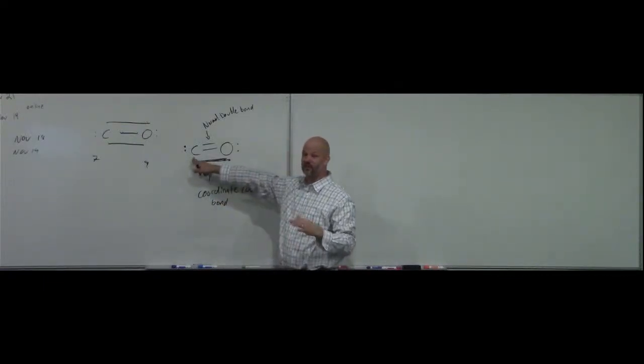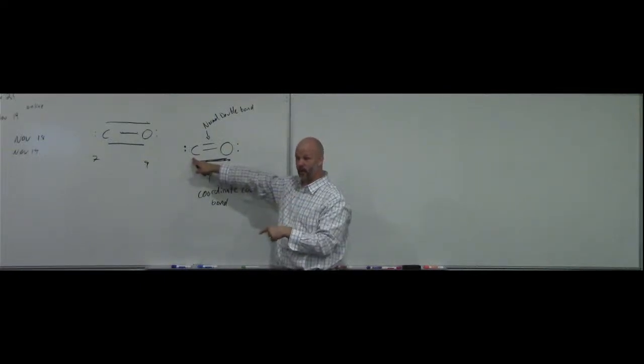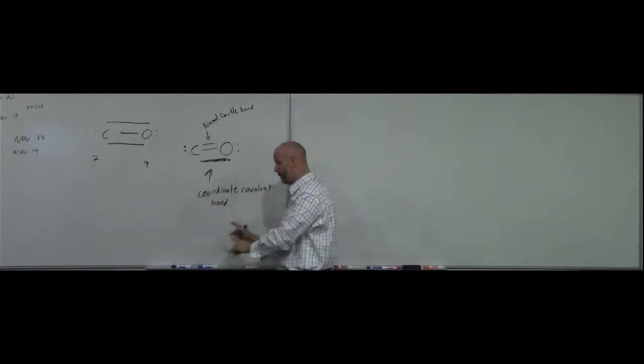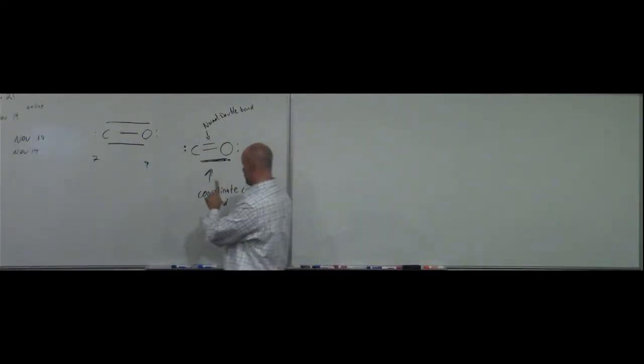Carbon is not contributing anything to this coordinate covalent bond. It's only receiving. Oxygen is giving both. So in a coordinate covalent bond, one atom donates both electrons in the bond. Okay. Make sense?